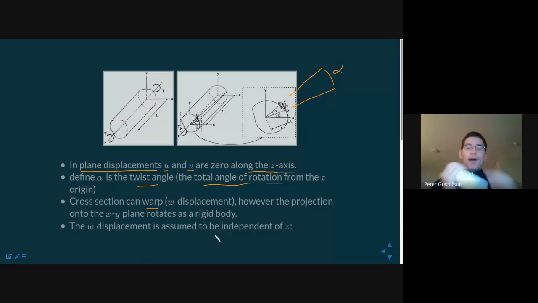As I warp my sheet of paper, so I have twisted it, okay? In this case, I twisted it in such a way that the corner actually moved towards me as I twisted it.